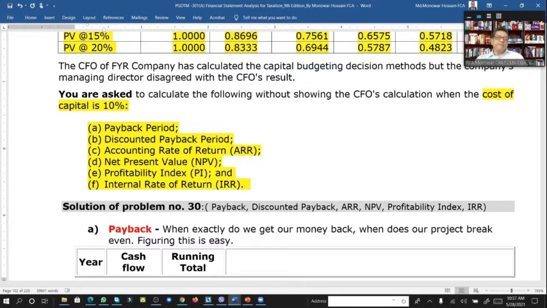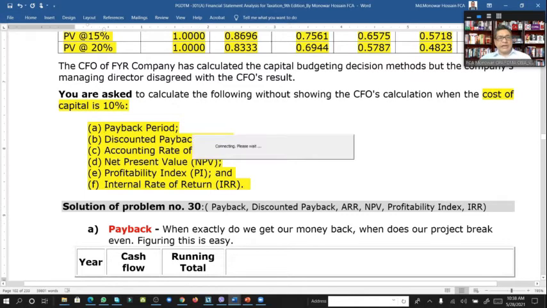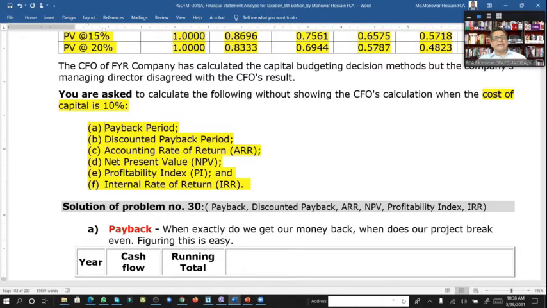We have to choose the project where the payback period is shortest, meaning how quickly the money will come into our pocket or bank. A good thing is that it is very easy to calculate, but a bad thing is that it does not consider the time value of money.